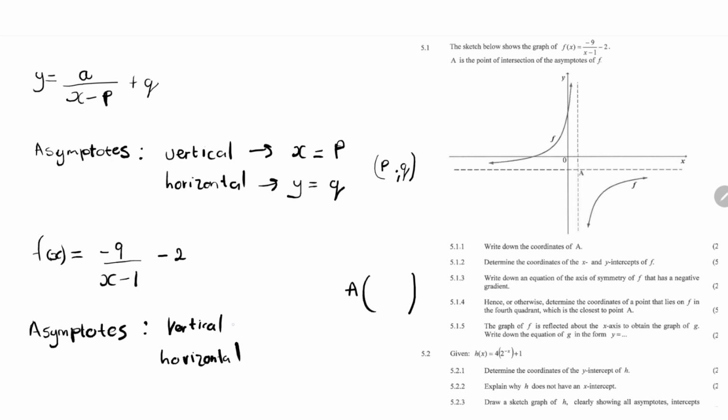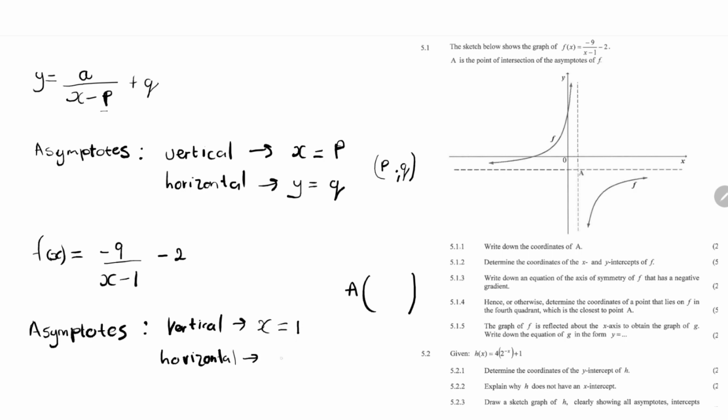On the vertical asymptote, we will have x equal to p. Where is the position of p? P is over here. So in this case, the position of p is taken by a 1. So here we will have a positive 1. So x is equal to a positive 1.